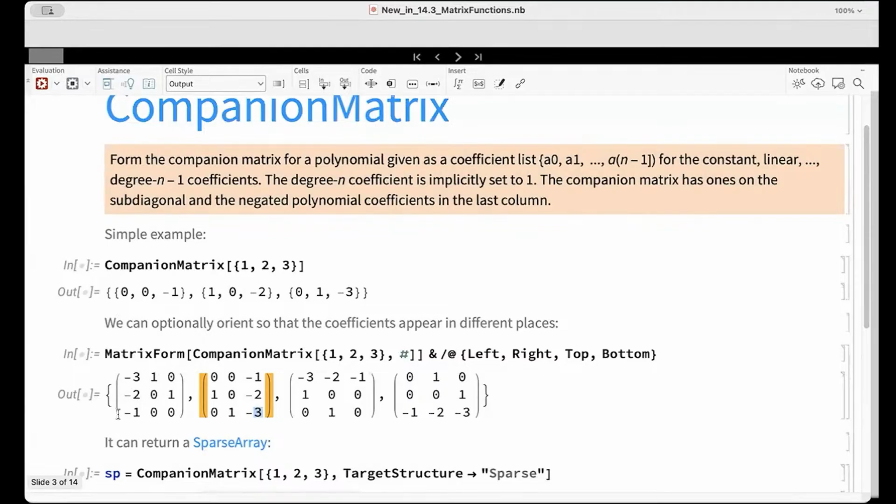There are, however, other ways to format it using the directives left, top, bottom; right is the default here.